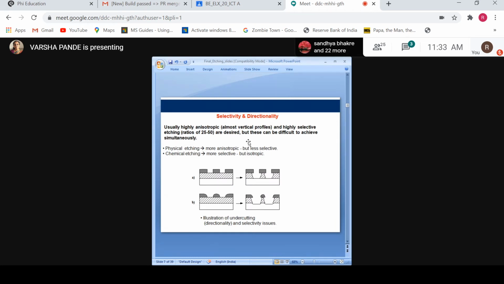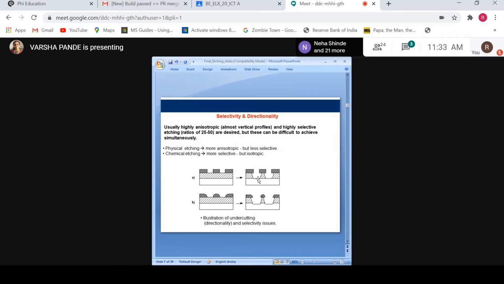See here, again these are shown. In the first diagram, you can see selectivity is good. The first gray material is the mask, the second material is the silicon dioxide, and the third material is the substrate. If we use wet etching for this etching process, then undercutting or under etching will happen because wet etching is isotropic in nature.